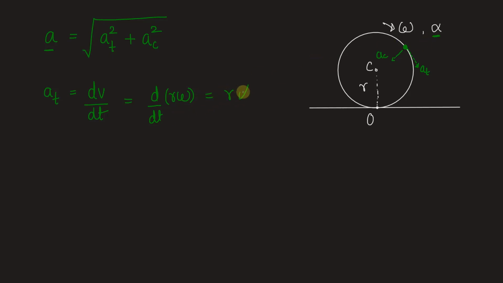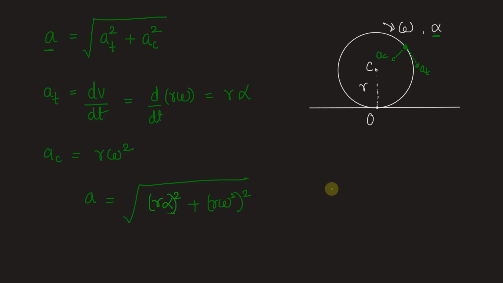So we have r alpha being the tangential acceleration, while centripetal acceleration, by derivation, is r omega square, radius of the roll into angular velocity of the roll square of it. So acceleration at any point on the disk is given as under root of (r alpha) square plus (r omega square) square.